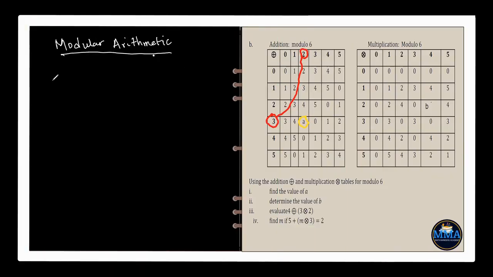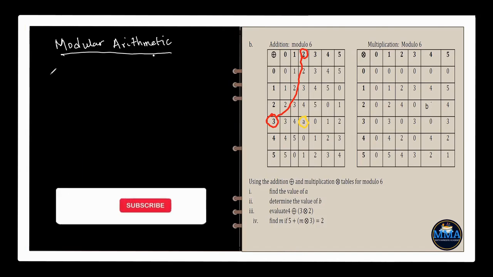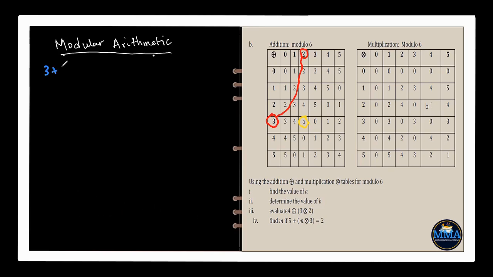So we want to find the value of A. And as we have marked it here, we can see that 3 plus 2 equals A. But in mode 6, 3 plus 2 equals 5.